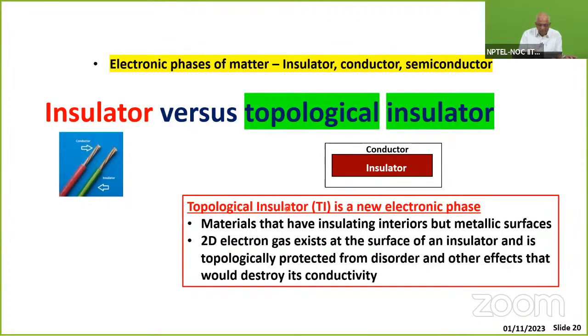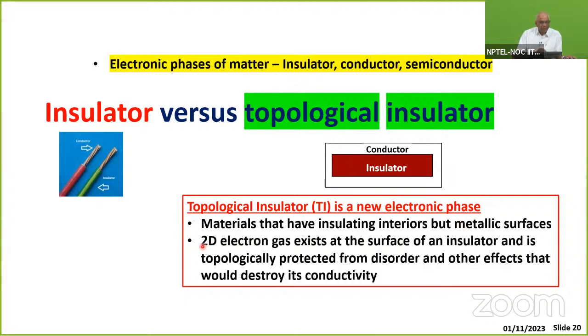So the topological insulator, TI, is a new electronic phase, other than these three conventional electronic phases of matter: materials that have insulating interiors, but metallic surfaces.